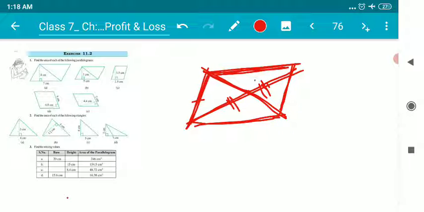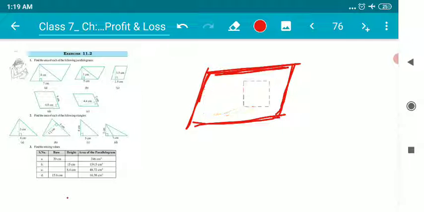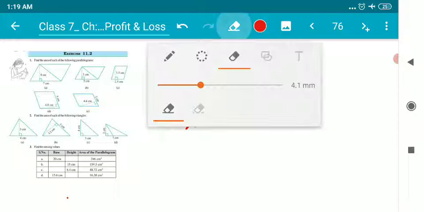If I write the intersecting point as O, this part up to O and this part from O are equal in measure. So diagonals always bisect each other in a parallelogram.